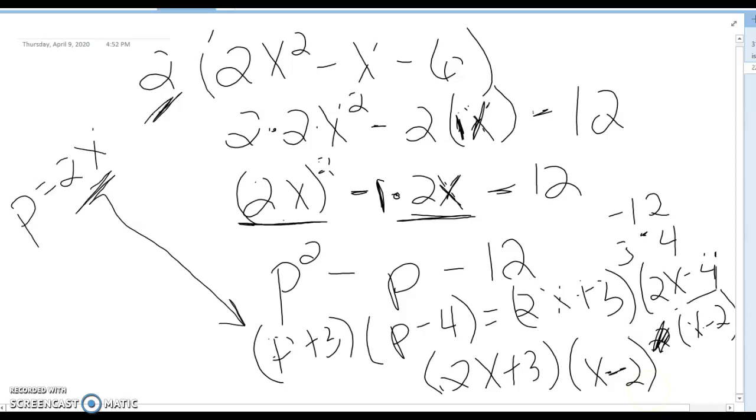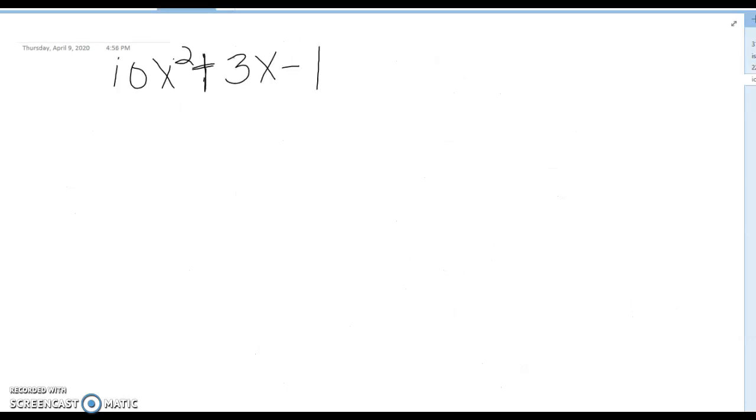Again, being the conscientious student that you are, you could go ahead and multiply that and check your answer to make sure that you would get what you started out with. I think I have time for one more example. All right, this equation is 10x squared plus 3x minus 1. I'm going to multiply the entire equation by 10.